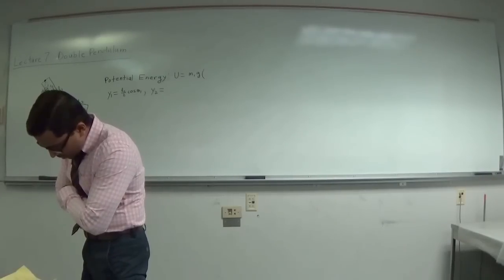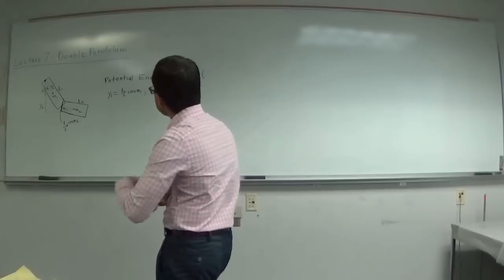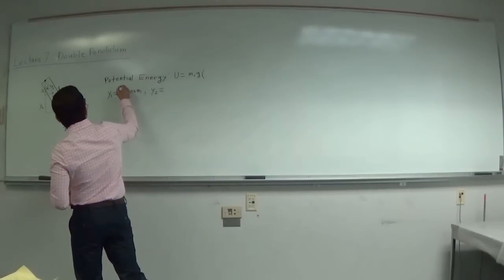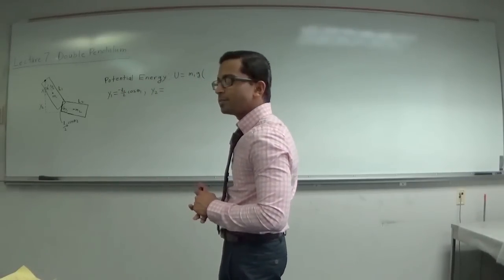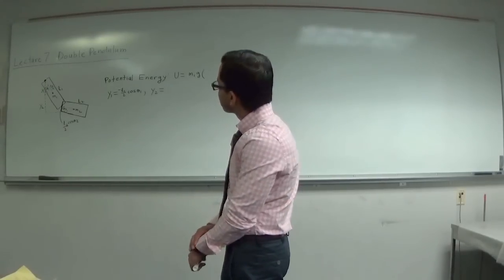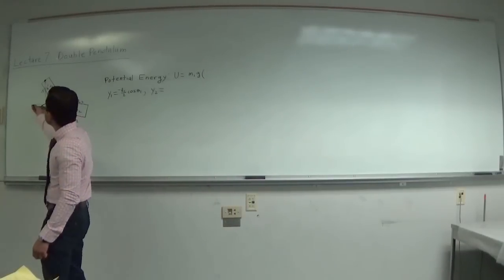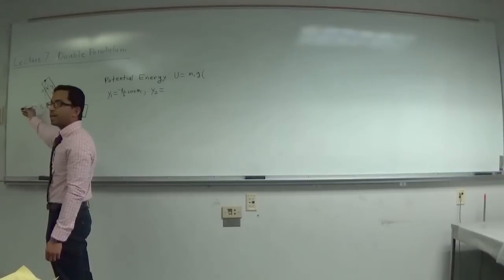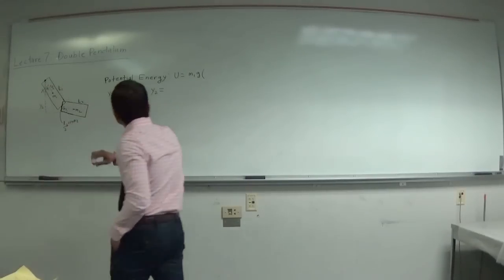So I have m1gy1, and then I have y1 just as that, except I have this being negative here. I mean, we could define the potential energy as negative as well. That's fine too. So that's basically saying that at the equilibrium position, you have some negative potential energy. So that's basically how I defined it here.